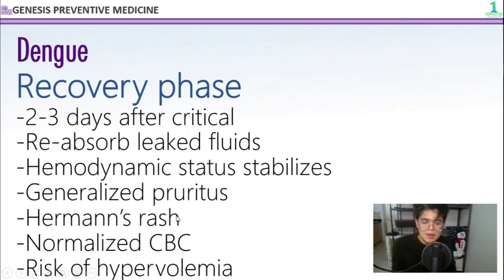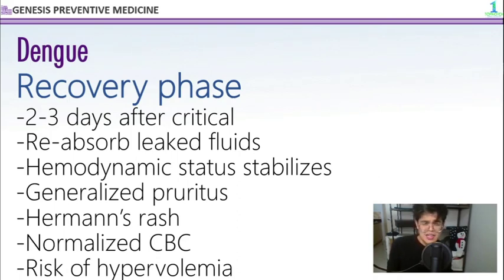Herman's rash, the eponymic Herman's rash, described in PE as the Isle of White in a Sea of Red, is due to some erythematous maculopapular or morbilliform lesions. Normalization of the CBC also occurs here. Hematocrit will decrease, WBC will increase.